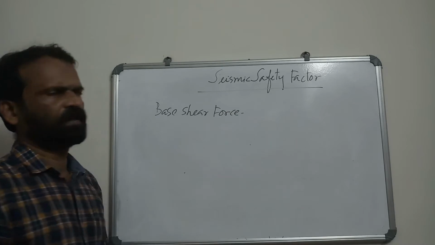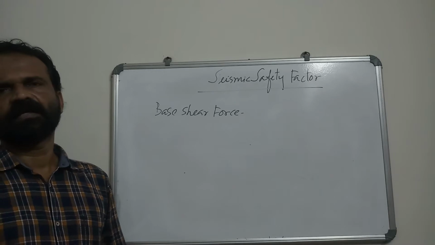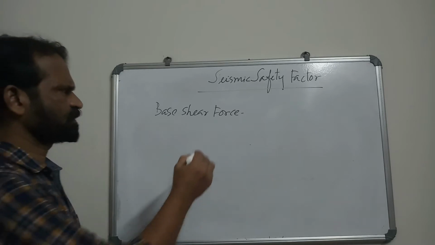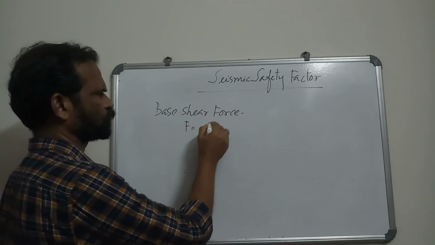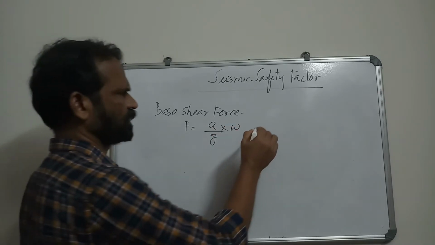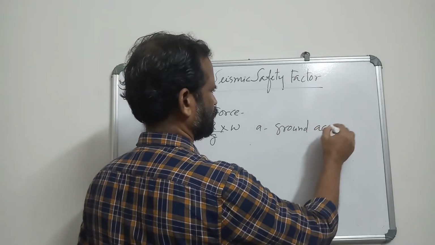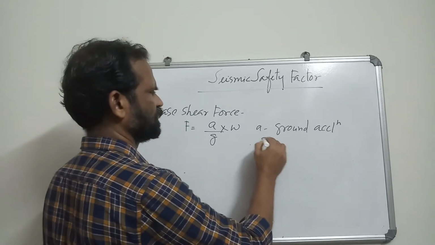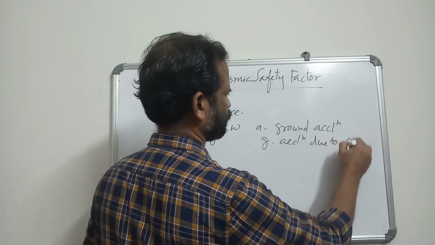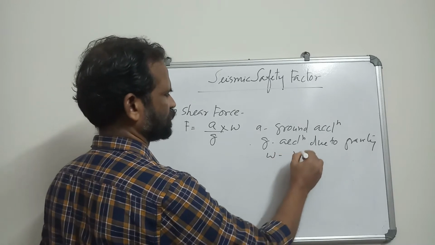In order to incorporate norms to resist earthquakes, we normally find out the value of base shear force F. F is equal to A by G into W, where A is the ground acceleration, G is acceleration due to gravity, and W is the weight of the structure.